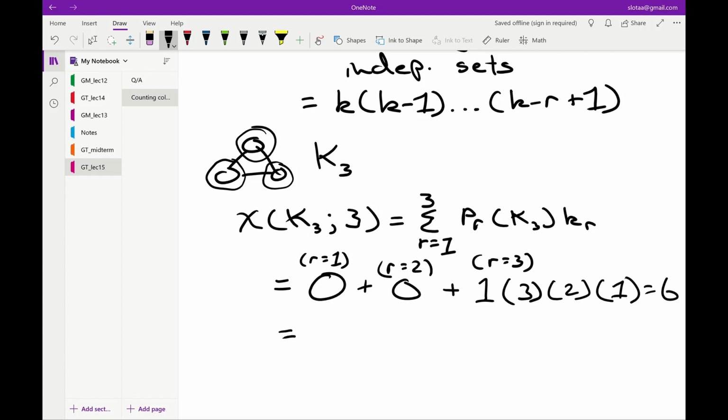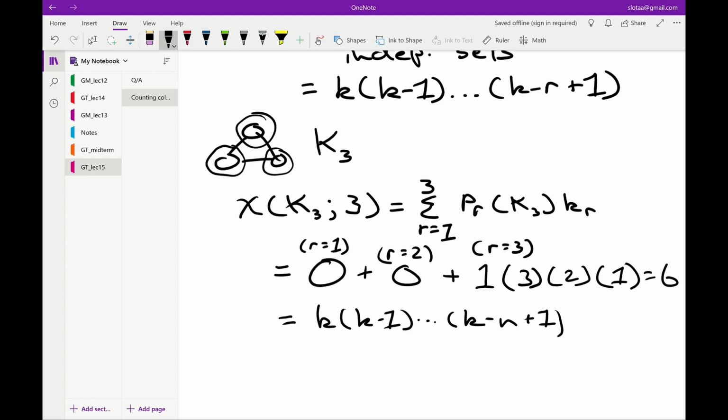Or if we just generalize it, since it's only going to be non-zero for R equal to n, k times k minus 1 dot dot dot k minus n plus 1 gives us the general form for a clique. So same thing that we deduced before, but here we explicitly solved it out, considering the chromatic polynomial and how it is specifically structured.